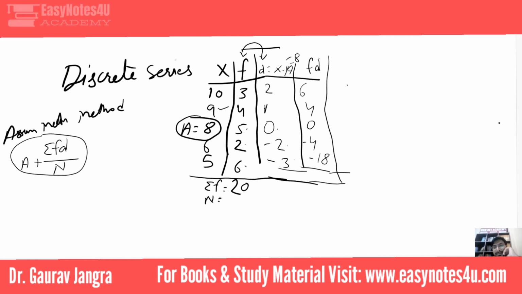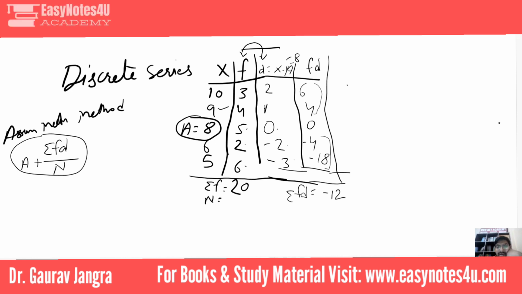So the total will be minus 12, because we have to deduct minus 22 from plus 10, which is minus 12. So summation fd will be minus 12.